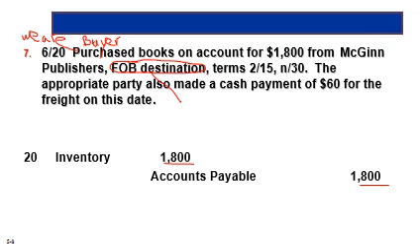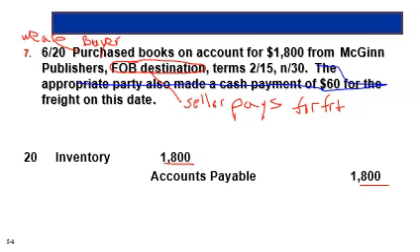So that means the seller pays for the freight. So pretty much we don't care how much the seller paid for this because, well, we wouldn't even know how much the seller pays for it.